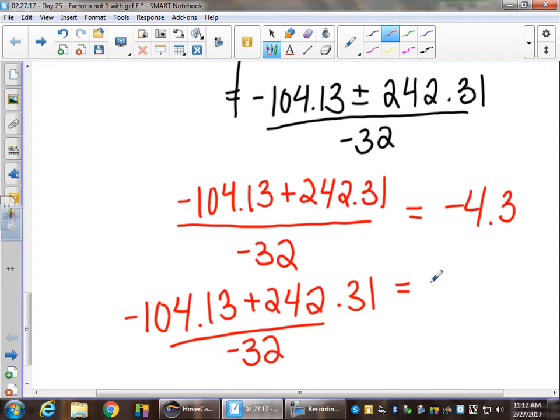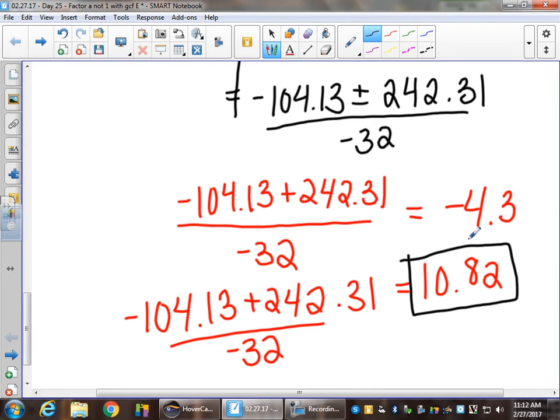Somebody else. 10 point what? We'll do 10.82. Which one is the correct answer? Which one applies to the problem? 10.82. Why is this the only answer? Because time can't be negative. Right. I was just repeating it.